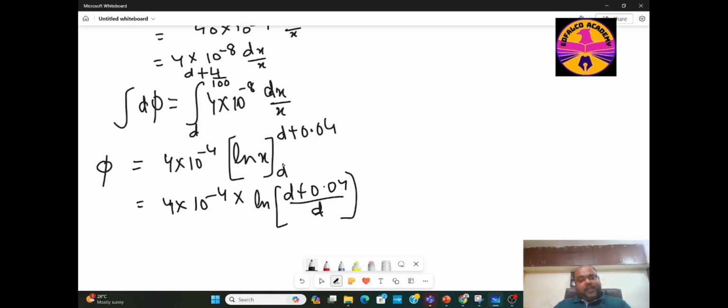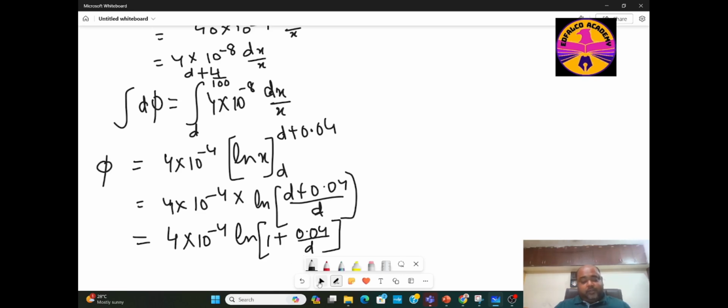Because what will happen is it will become ln of d plus 0.04 minus ln d, and you know that ln a minus ln b can be written as ln a by b, so I have written it in that way. So now we get 4 into 10 to the power minus 4 ln of 1 plus 0.04 by d.